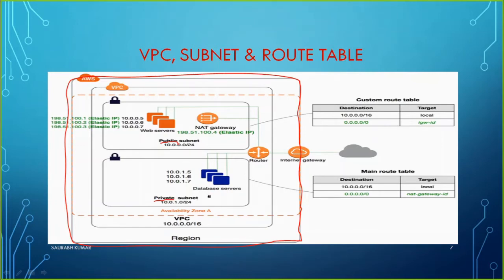They keep their database server or anything that works in the back end on a private subnet, and only those instances which are required to be accessible over the internet, they keep on a public subnet. Very simple.